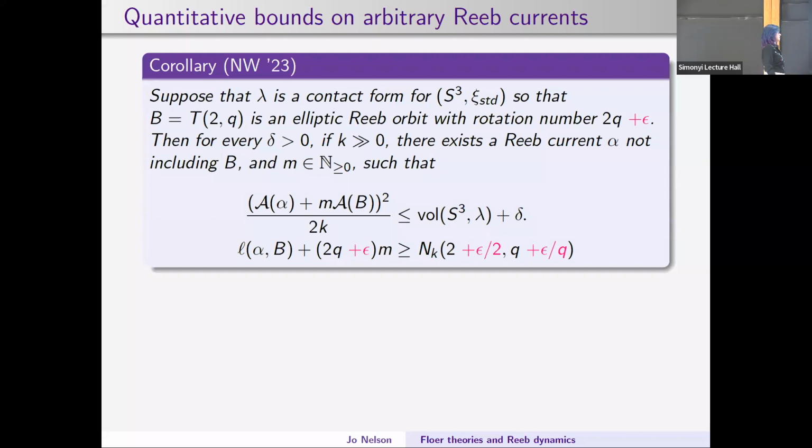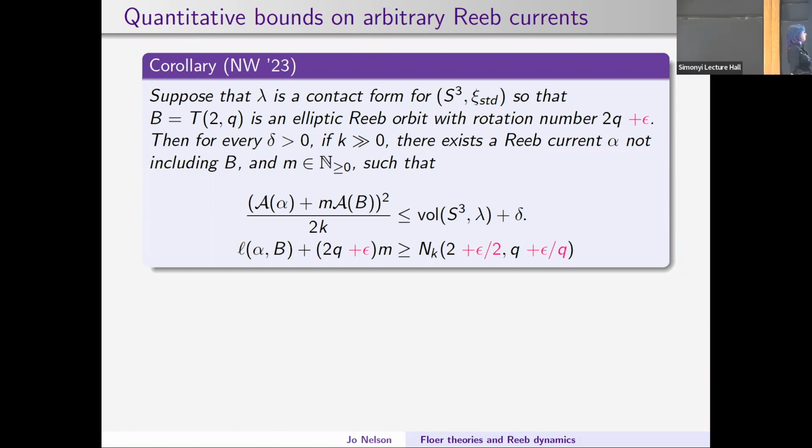In some sense, the computation of not filtered ECH, once you pass to a sufficiently large K, which corresponds to the ECH index, is basically telling you that linking is morally describing the action of the Reeb orbits.